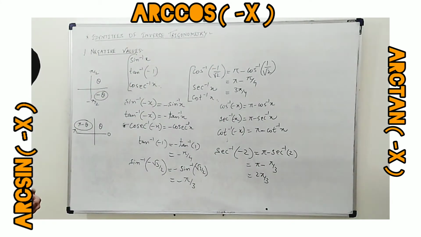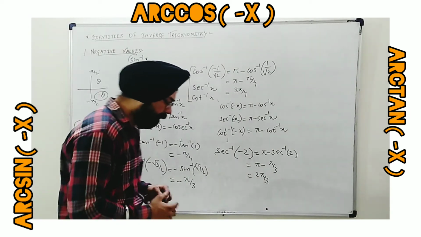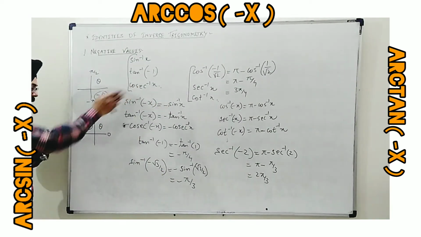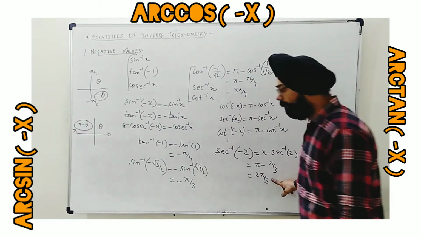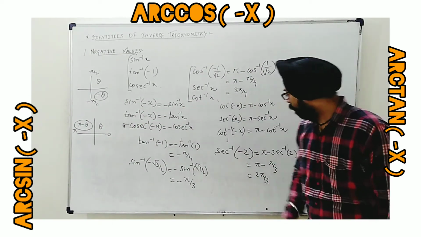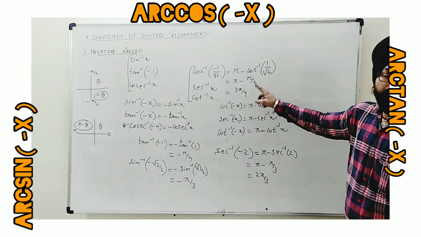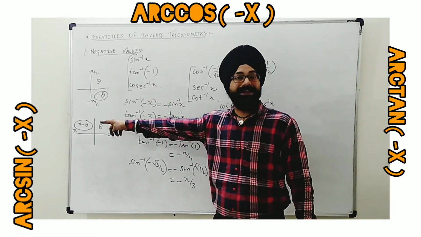Obviously, as we have seen, for negative values all these belong to the second quadrant. You can check it: 2 pi by 3 is 120 degree, which is in the second quadrant, and 3 pi by 4 is 135 degree, also in the second quadrant.